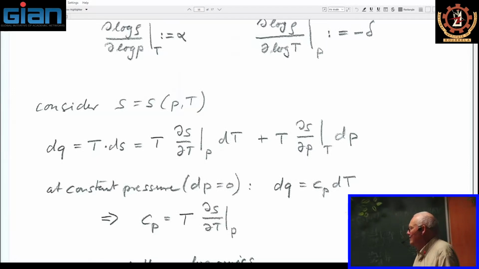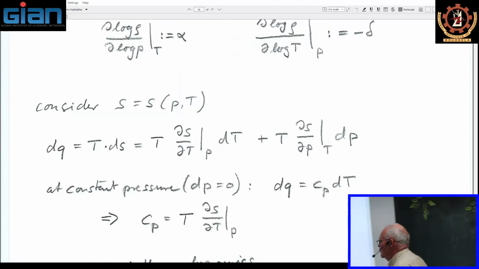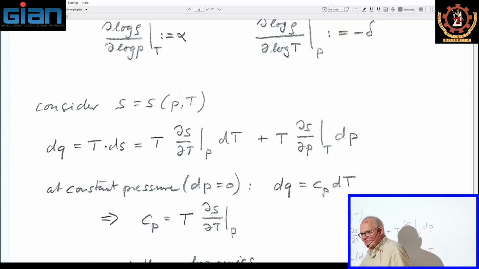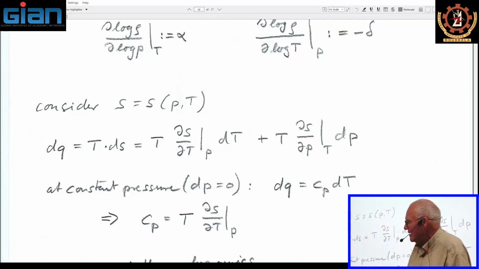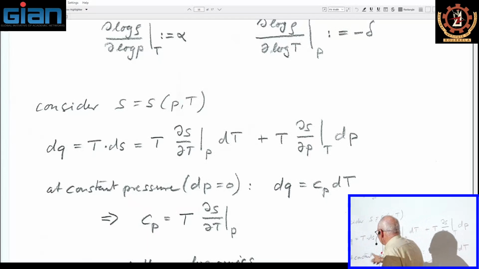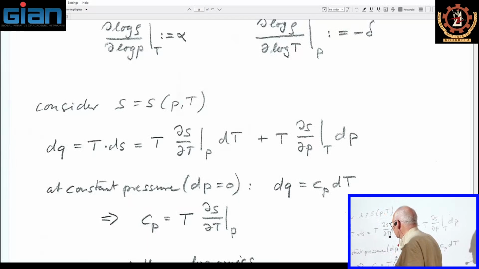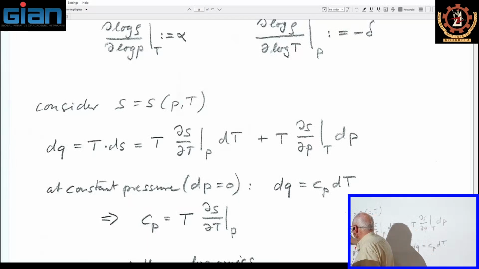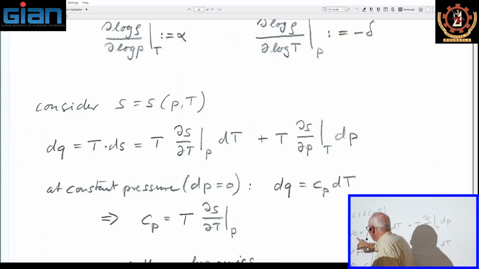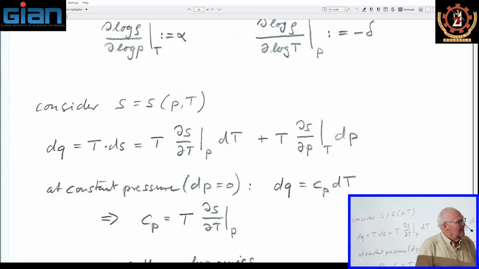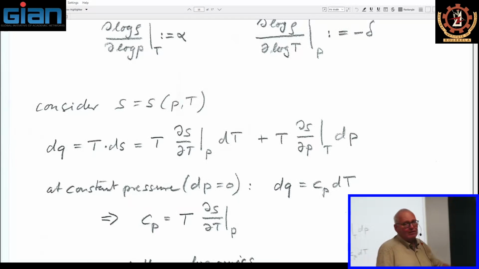So we have in this way dq, the change of the heat content of our mass element, given by T times ds. This is thermodynamics. The change of heat content is given by T times ds, and now we write ds in the same way as we did for the density.